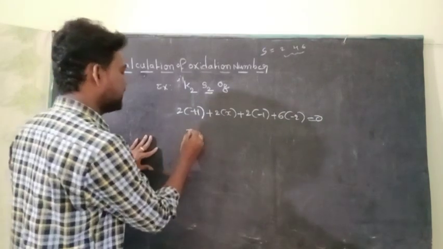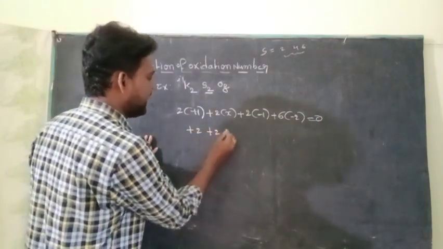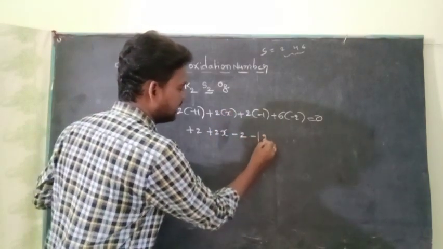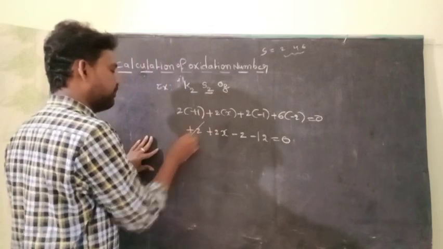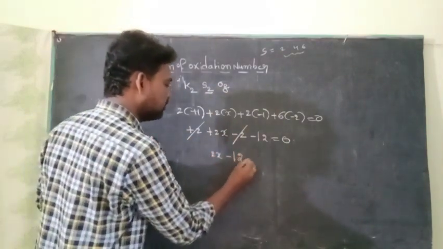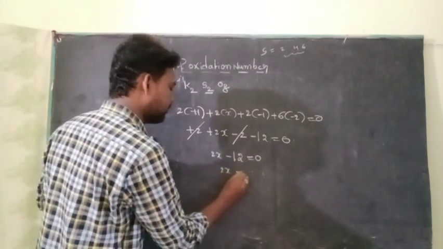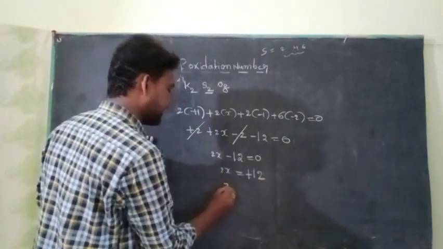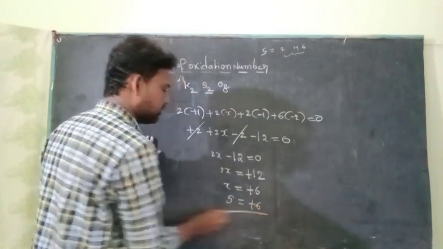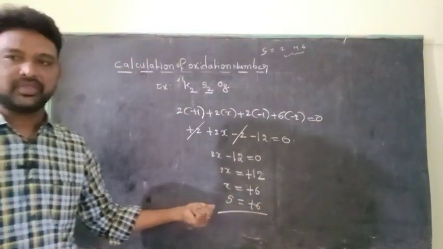Okay. So plus 2 into x, 2x, the minus 2, the minus 12 equal to 0. So plus 2 minus 2 cancel. The 2x minus 12 equal to 0. The 2x equal to plus 12. Then x equal to plus 6. X is nothing but sulfur. The sulfur oxidation number is plus 6.